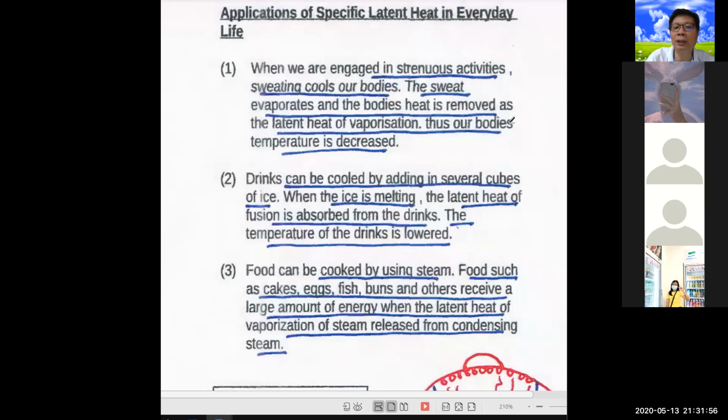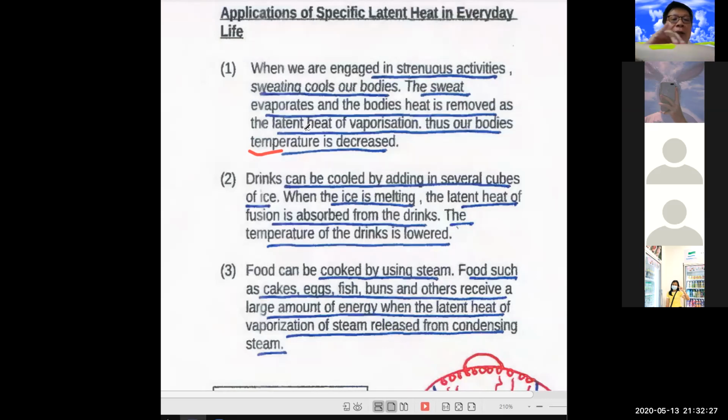That's why our body temperature decreases. This statement is wrong. Actually our body temperature cannot decrease, it remains the same. What we can say is skin temperature decreases, not the body temperature. If your body temperature decreased, you would be going to die already.